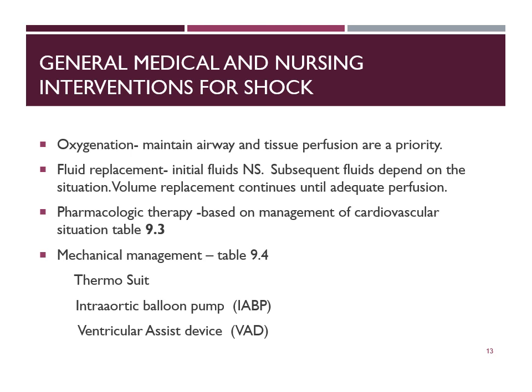After that, I want to talk about mechanical management, which is on table 9.4. So I'd like you to turn to that. There's a couple of things that are important here. The first one is the hypothermic device, or thermosuit.